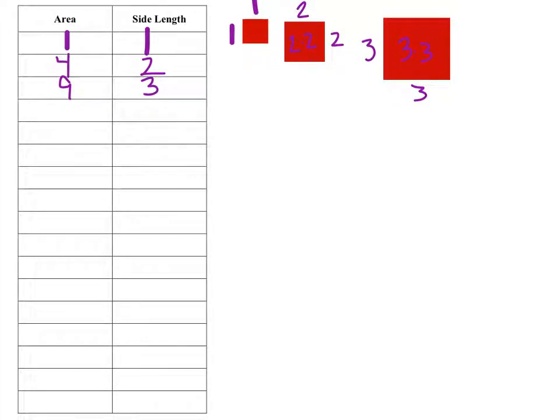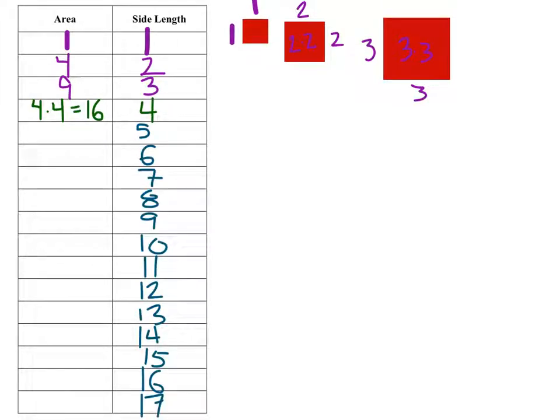Now, we just got finished with the unit on exponents. So, for example, if I just moved on to a side length of 4, how would I find the area? It'd be multiplied by itself, and I would get an area of 16 square units. Now, we should be able to fill in all the rest of these. We'll go all the way to 17.